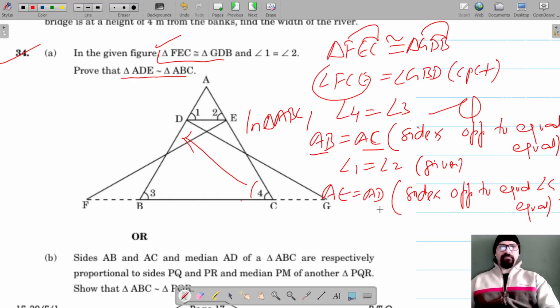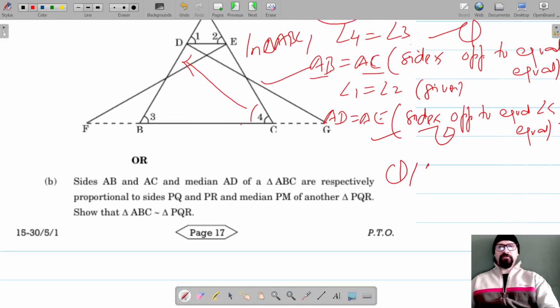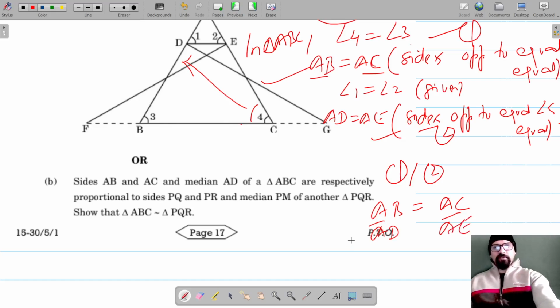Or let me just write it as AD is equal to AE. So this is AD is equal to AE. This is first set of equation. This is the second set of equation, and I'm going to divide these two. So 1 divided by 2 gives me AB by AD is equal to AC by AE, and also that means this is AD by AB is equal to AE by AC.